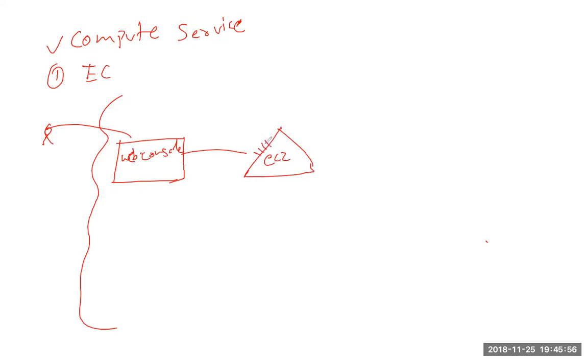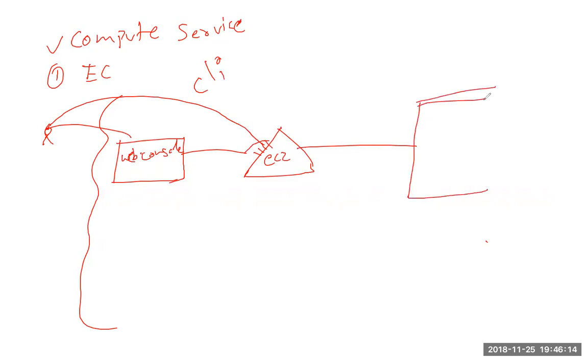There are some endpoints I'll communicate with. If I don't want to use the web console, I can directly connect to one of the endpoints with the help of a CLI. Now, what is the end result of this EC2 service? Now I have physical servers in my data center, right?